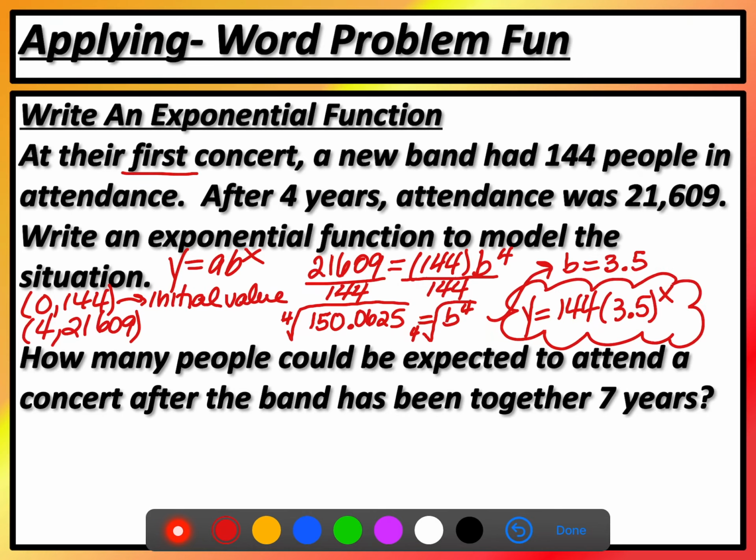That's my equation. So now I'm going to use that equation to determine how many people can be expected after 7 years. Remember, years was my x value, so I'm just going to plug that in.